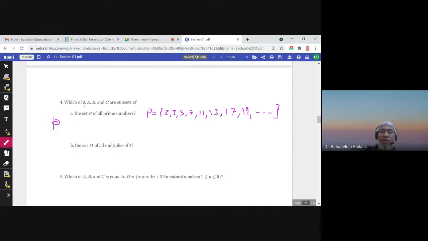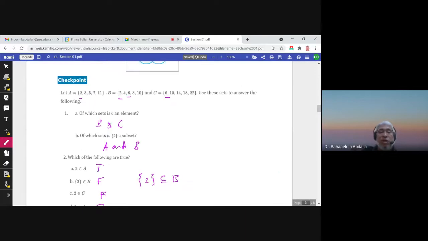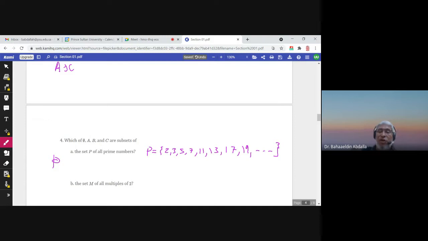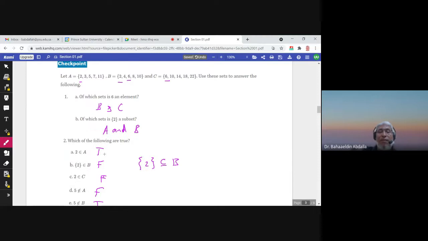What about A? Let us look at A. 2, 3, 5, 7, 11 are all prime numbers. So A is a subset of P. What about B? No, there is 4. 4 is not a prime number. 6 is not a prime number.